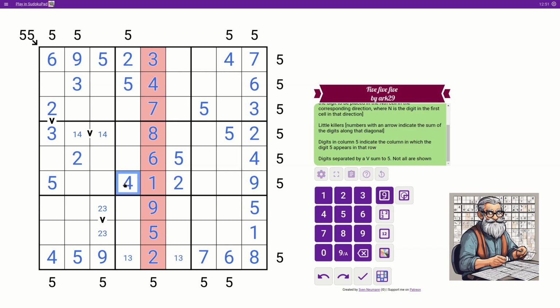This one is a 4. Right, and okay. 5 we've already finished. 6, one of those. Doesn't look like it, right? Oh, actually, yeah, it does, because we need a 6 here, so that's a 6. Okay.